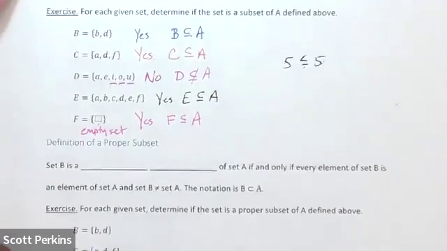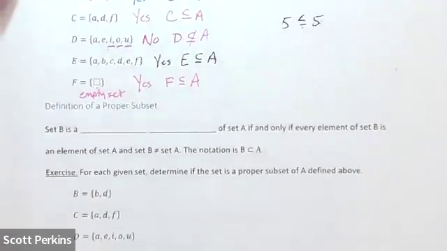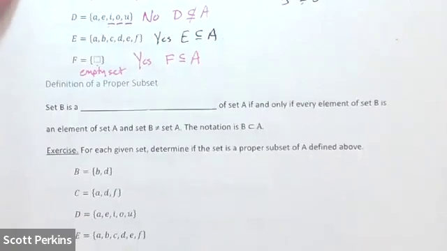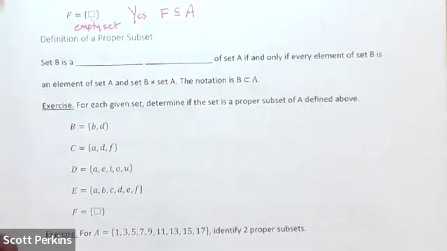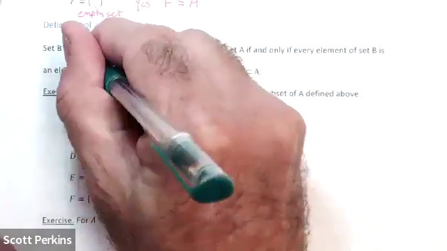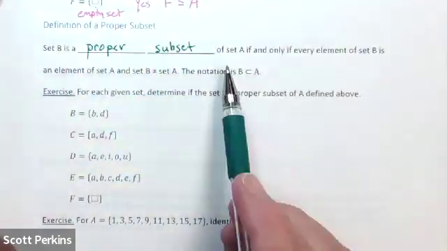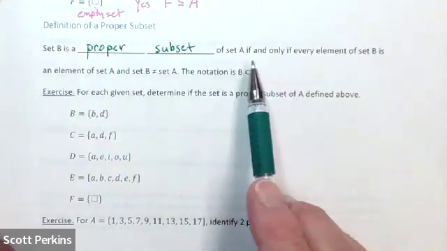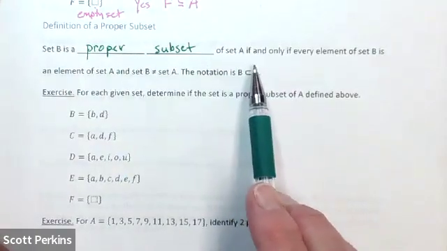Okay, so there's one more thing that we're going to define today, and then we're just going to do a little more work. Okay, a proper subset. So we're adding this new word proper onto the idea of a subset. So set B is what's called a proper subset of set A, if and only if, again, that means these are the only conditions that this happens.